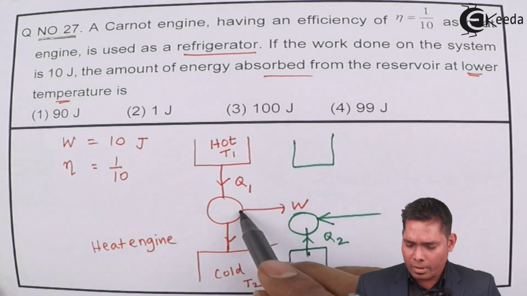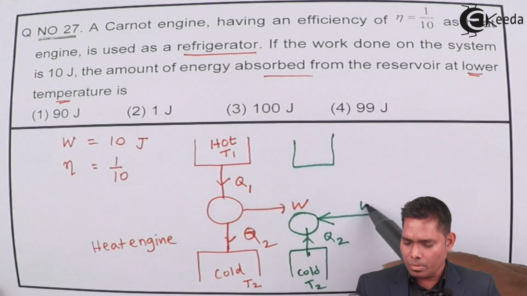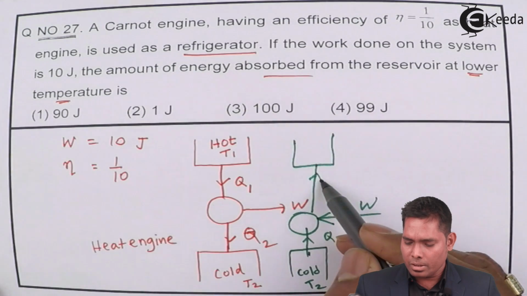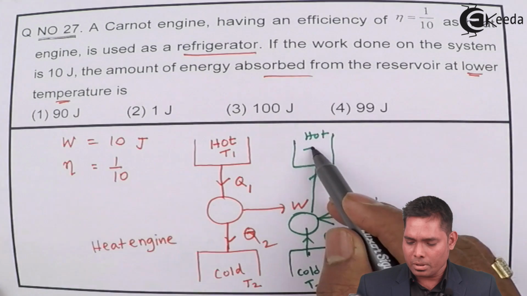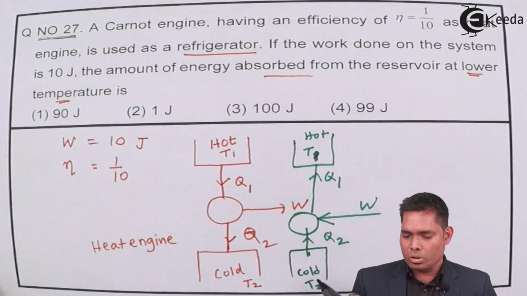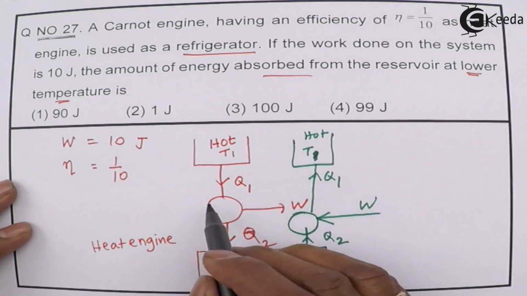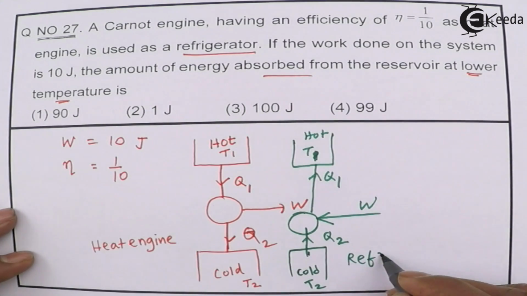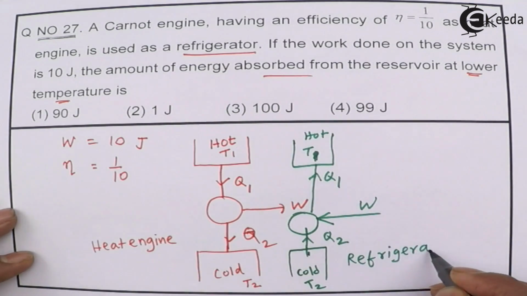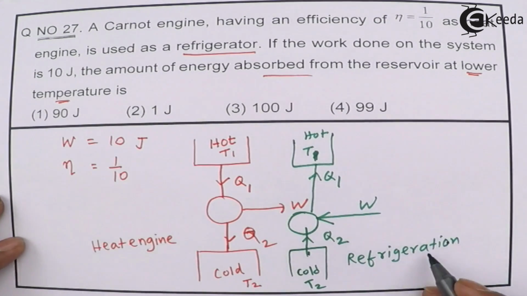Here the work is supplied. So the work done on the system is W and what is rejected is Q1. So this is your hot body at temperature T1, this is T2. This is a refrigerator.